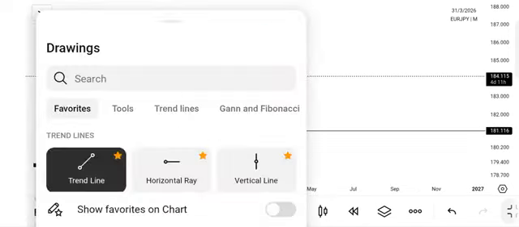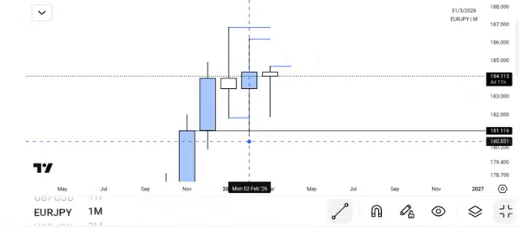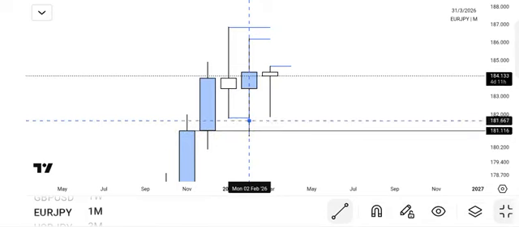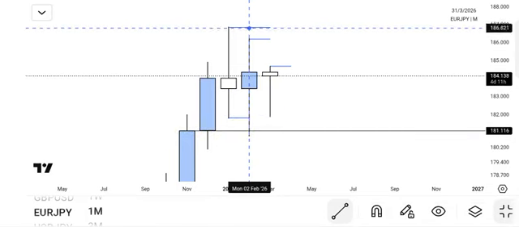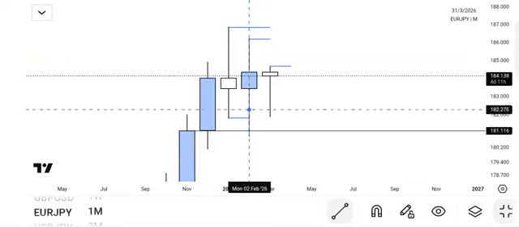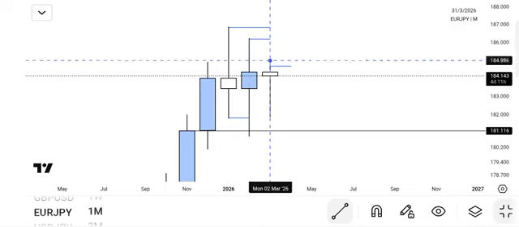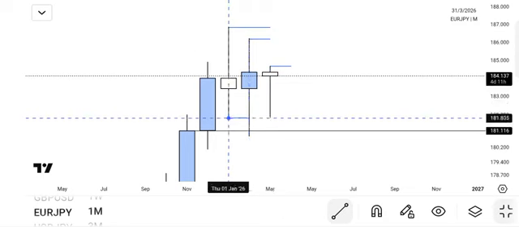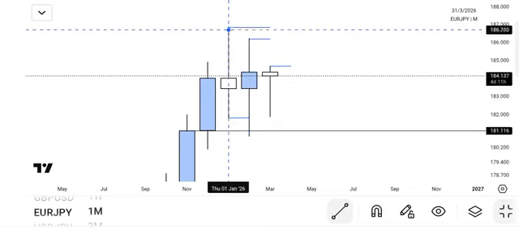When price sweeps the low, the logic is that this high should still be standing, because when internal liquidity is swept, we expect external to go. But if price sweeps the low and sweeps the high at the same time, then both liquidities are taken, and price will need to reverse to take internal again. So after the low is gone, this high needs to be standing, and that was what happened.